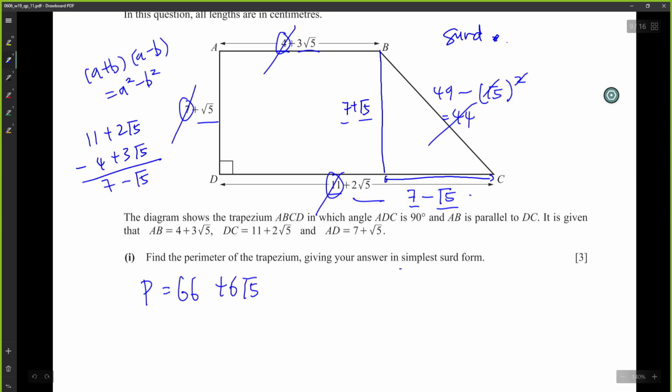But the question is about simplest form, so I factorize out the 6. 11 plus root 5. I guess, is it the simplest form? Yes, right. This one should be the simplest form, isn't it? Yeah, I guess this one is the simplest form.